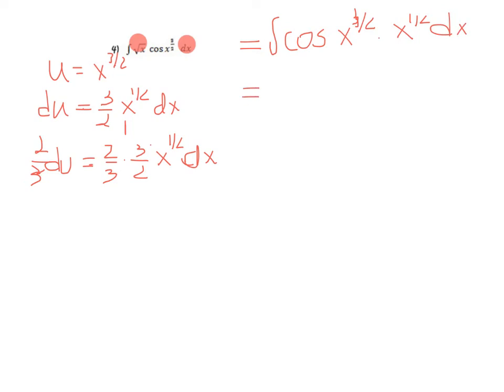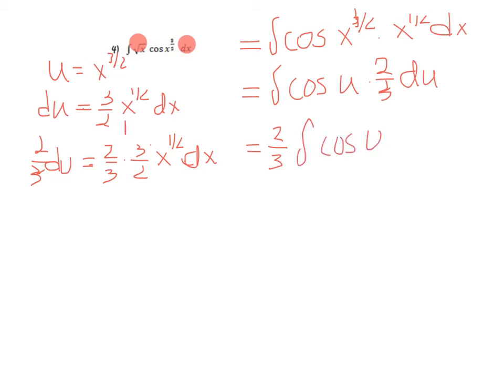Then, in order to do the substitution, we have the integral of cosine of u, which is the argument, and then we're going to multiply by 2/3 of the du. 2/3 become a constant. 2/3 times the integral of cosine of u times differential of u.